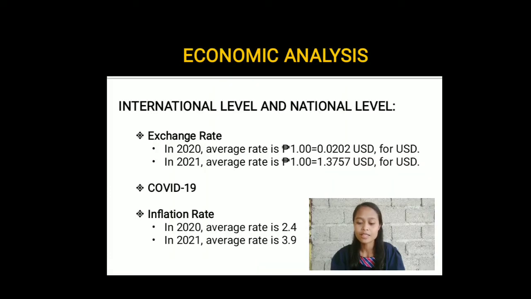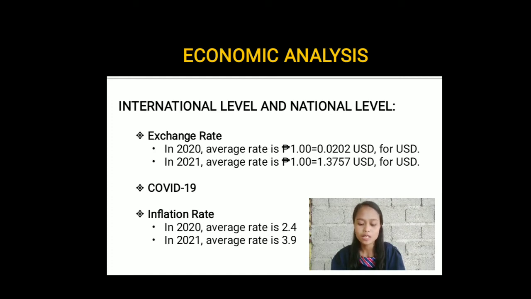Before we start, let us first go to its economic analysis, particularly on the international level and the national level. Jollibee Foods Corporation is affected by these three: the exchange rate, COVID-19, and the inflation rate as well.